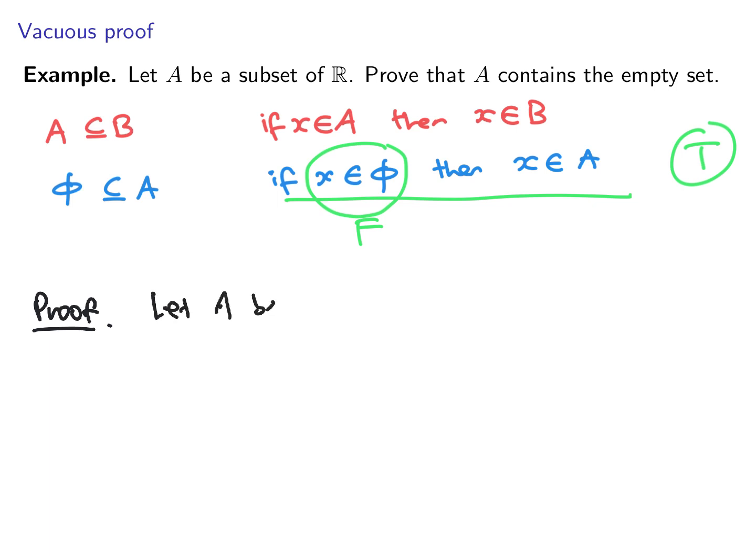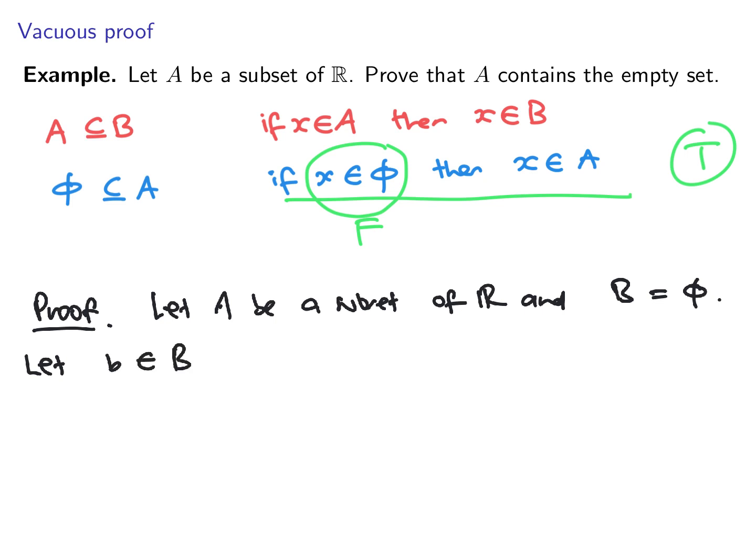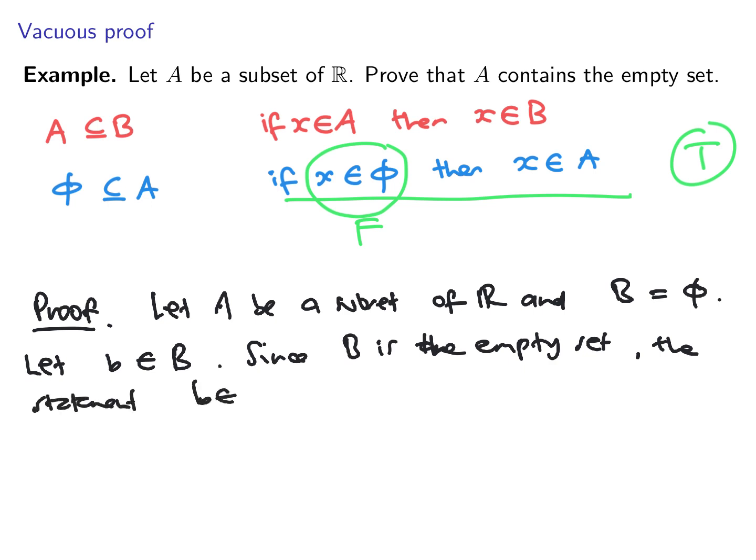Okay, let A be a subset of R, and let B be the empty set. Okay? Now we're going to take a member b in B, right? Since B is the empty set, the statement b in B is false.